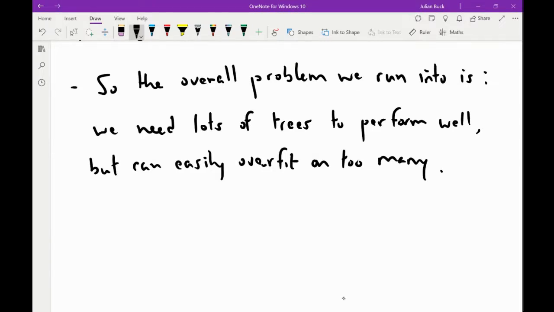Okay, so what's the solution to this problem? Well, it's to be very careful about the tuning process.